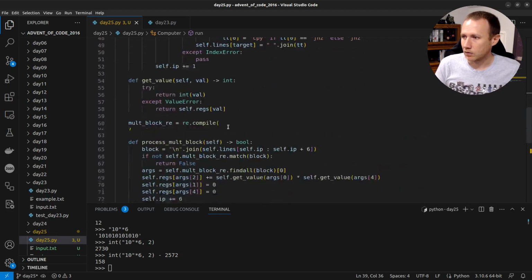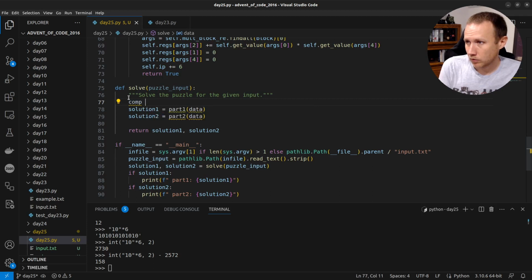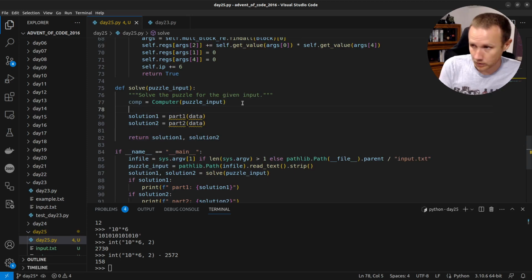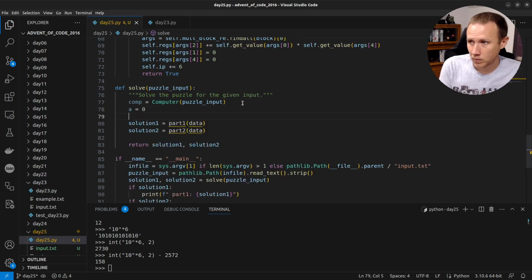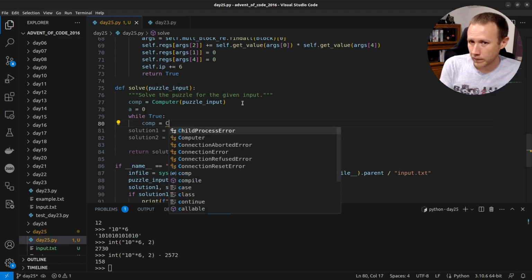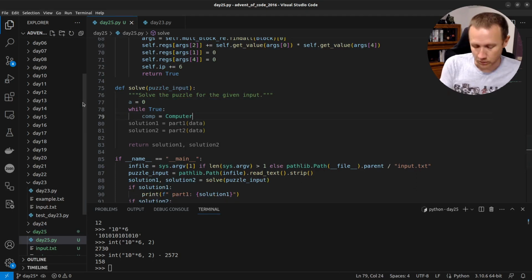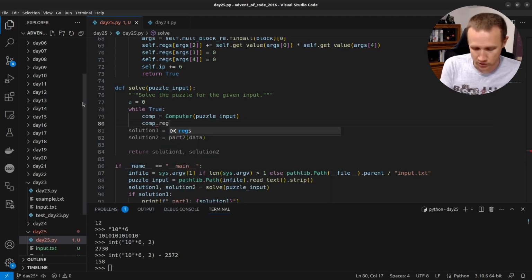So now we can come down here into puzzle and we can say comp equals computer puzzle input. I guess we'll say a equals 0, while true, computer equals, we better create a new computer down here, because I want to make sure we reset everything. So we create the computer, we'll do computer.reg a equals a.